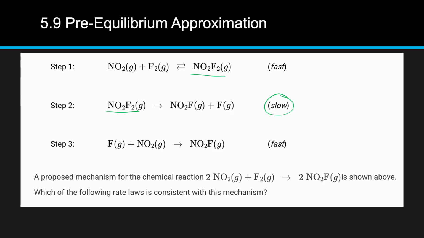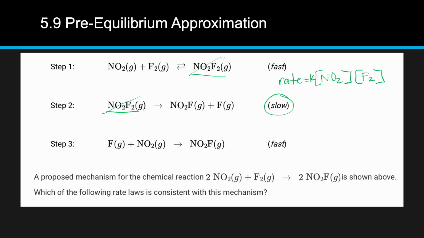We also can see that NO2F2 does not present itself anywhere else in the mechanism, so this is for sure an intermediate, which means when we are writing our rate law it is going to be rate equals concentration of NO2 times the concentration of F2, and that would be our proposed rate law, and I almost forgot k, don't forget k.